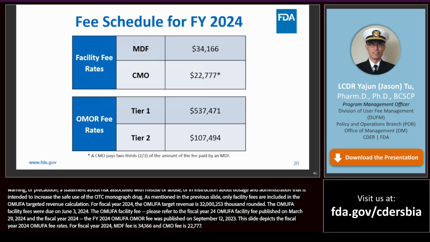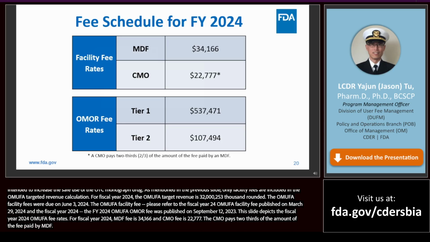A CMO pays 2/3 of the amount of the fee paid by an MDF. The fiscal year 2024 Tier 1 OMOR fee is $537,471, and the Tier 2 OMOR fee is $107,494.